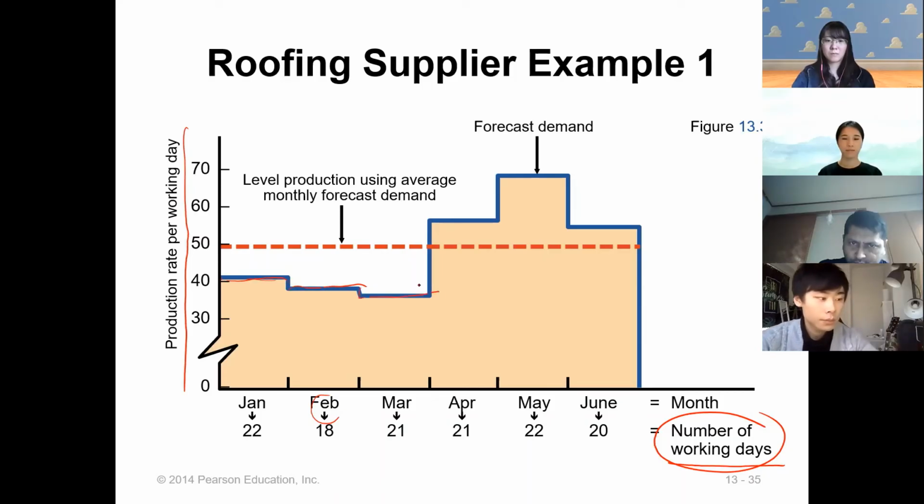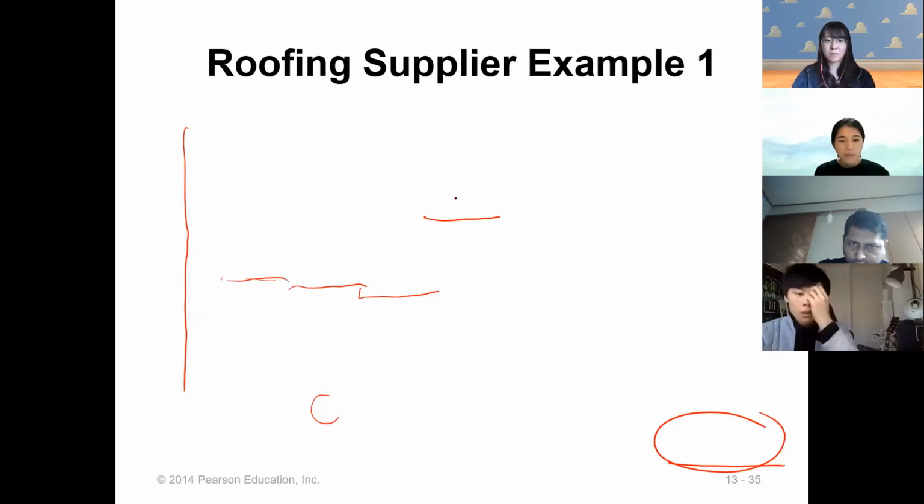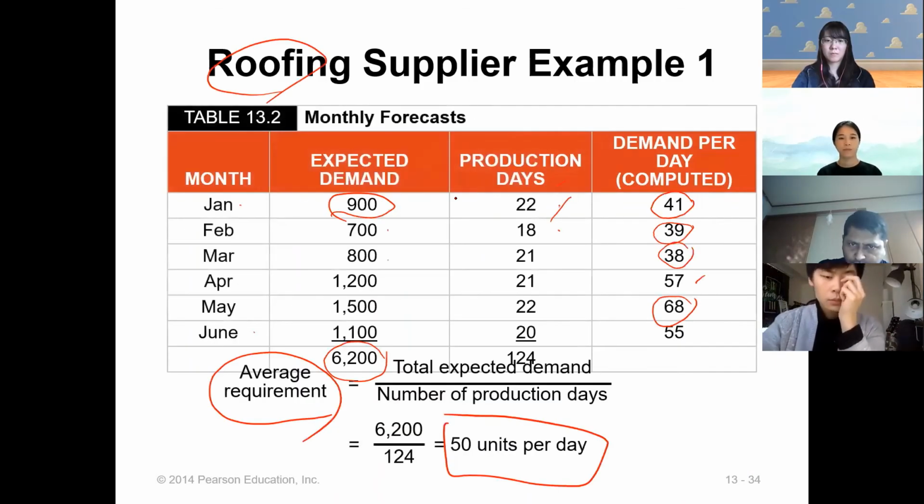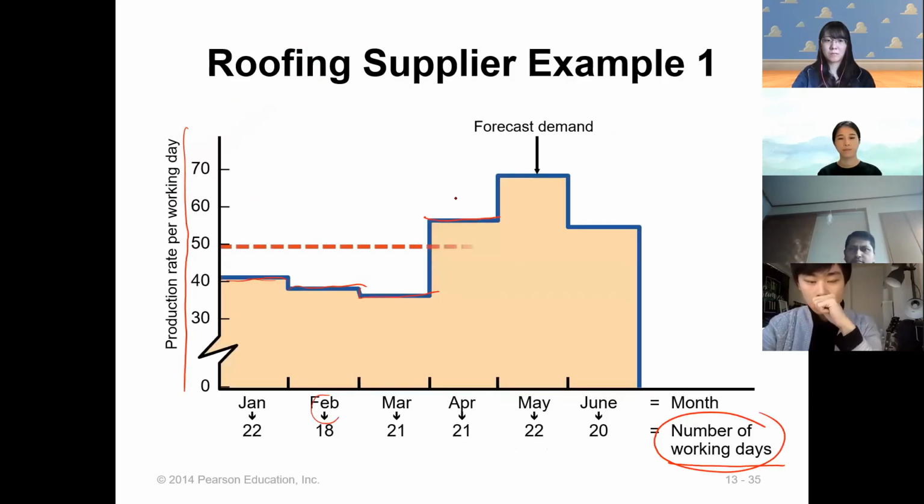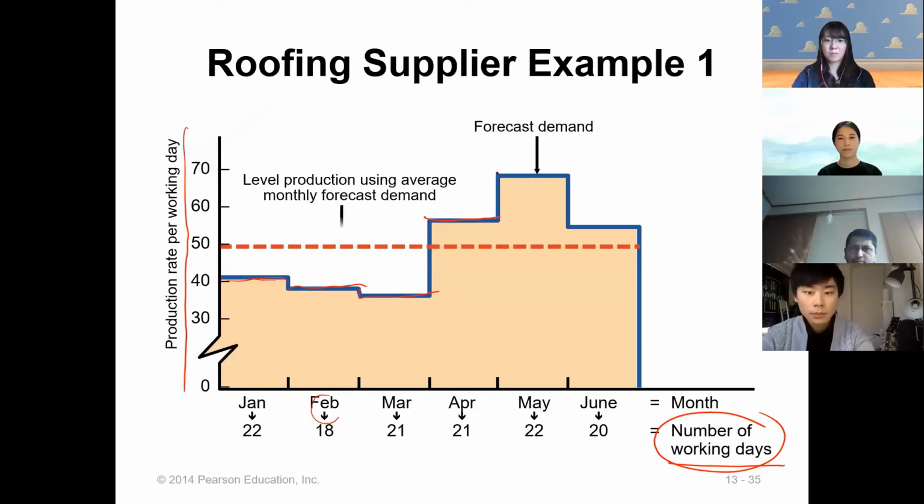Can you see this? Are you following? This is 50. The monthly values are 57, 41, 39, 38, 57, 68, 55. So this is 68, this is 57. This is the forecast demand.